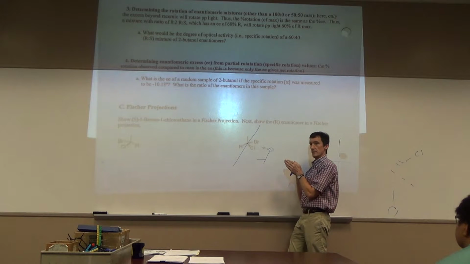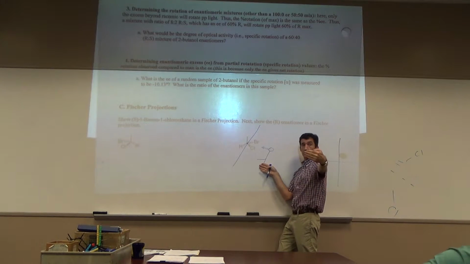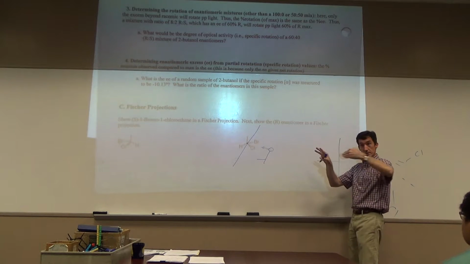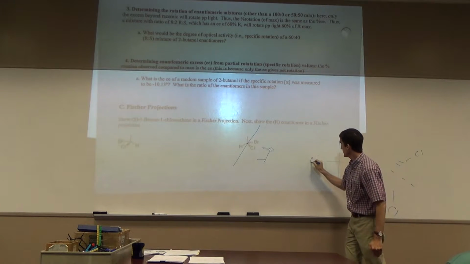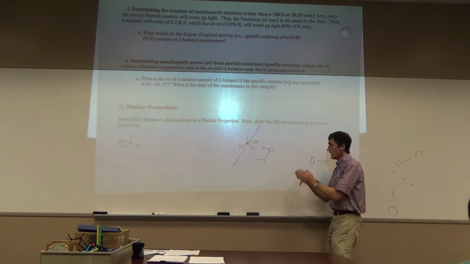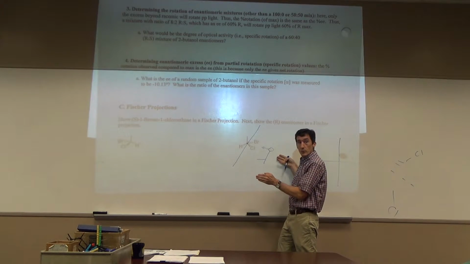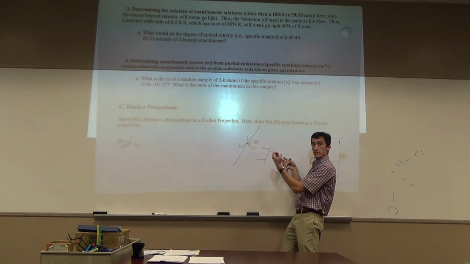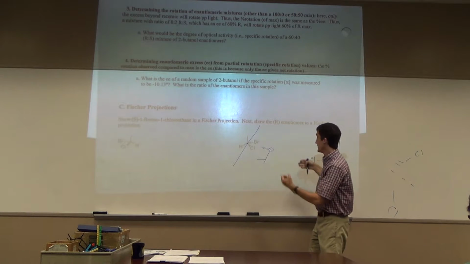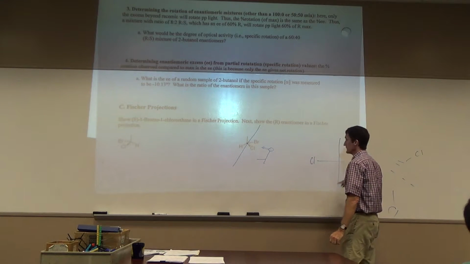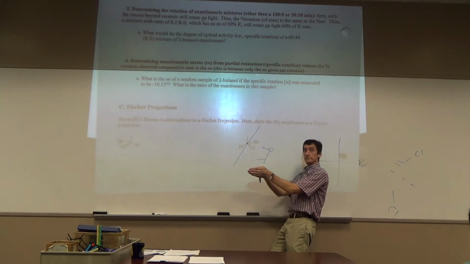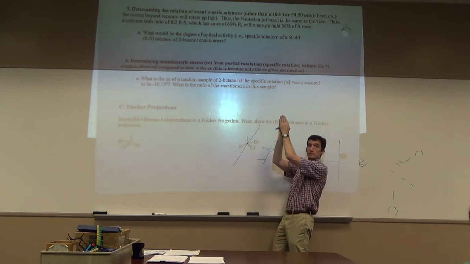Well, the chlorine's coming towards you guys, so it's on my left. Looking through there, the bromine's going behind the board, so the bromine's on my right. What's on the carbon going straight up? Nothing.